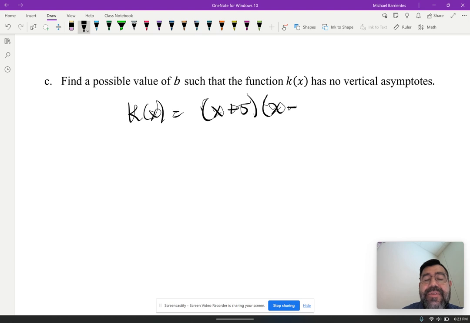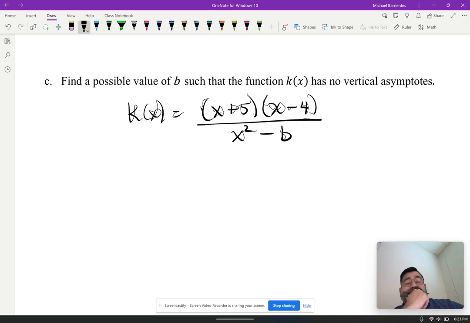Well, vertical asymptotes come from the denominator. So then the question is, when would it be impossible to make the denominator equal to 0, right? What x value or what b value would I choose so that no x value could ever make that equal to 0?